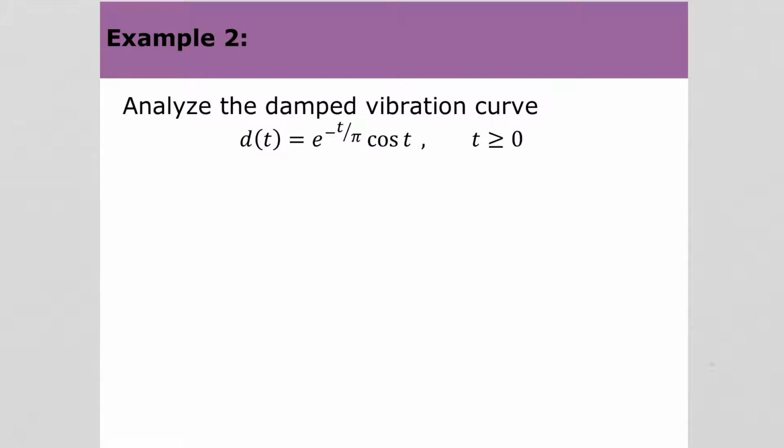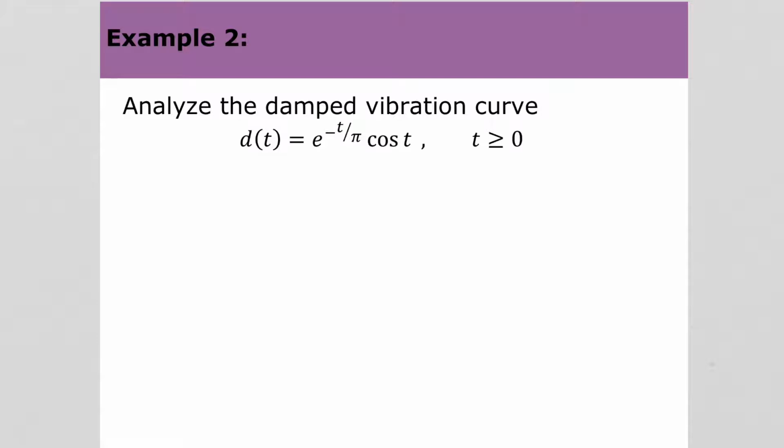Example 2, going back to the original damped formula, says analyze the damped vibration curve: d(t) equals e to the negative t over pi times cosine of t. The first thing we'll talk about is finding our restrictions.